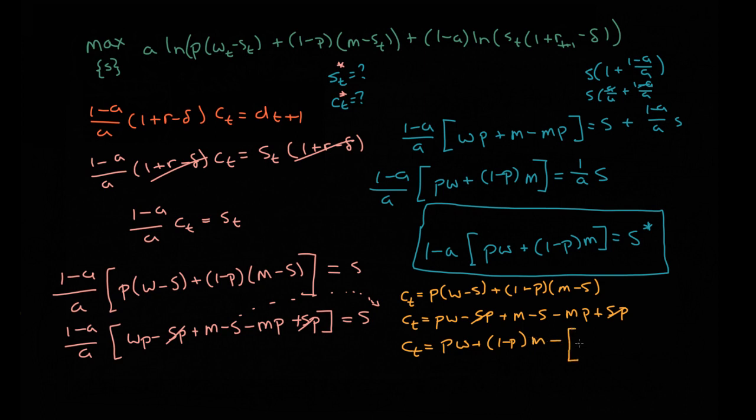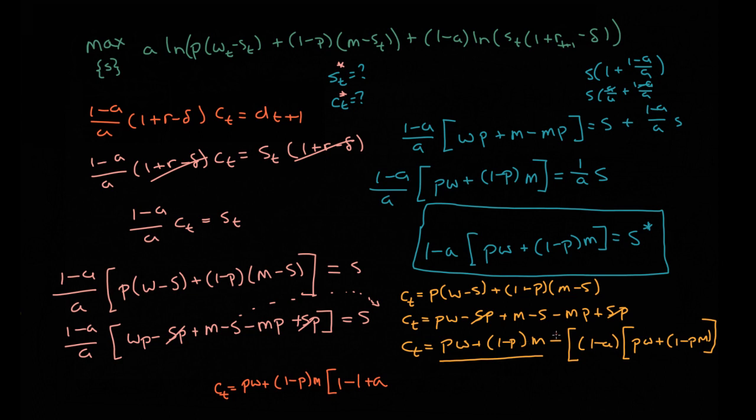minus, and now let's plug in s, 1 minus a, and that's the same thing, Pw plus 1 minus Pm. And so we can factor out a Pw plus 1 minus Pm from both of these expressions, and we will get, I think we've earned a drum roll, C_t is equal to Pw plus 1 minus Pm times 1 minus 1 plus a.